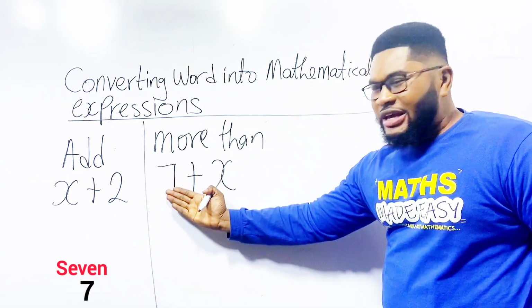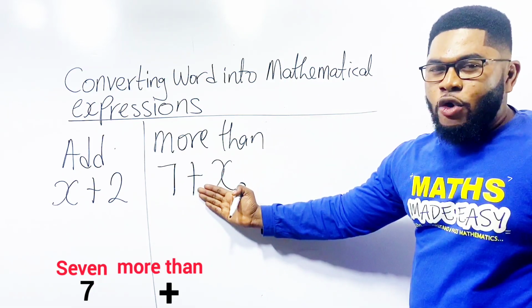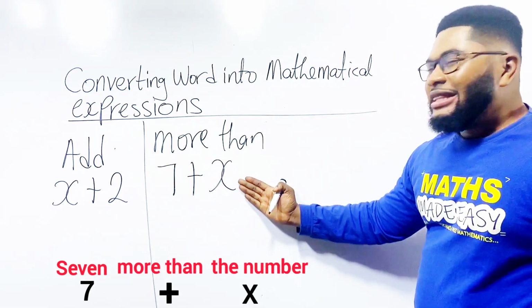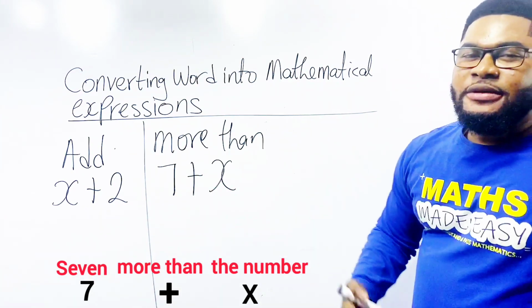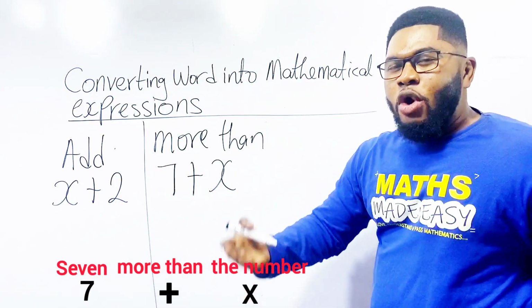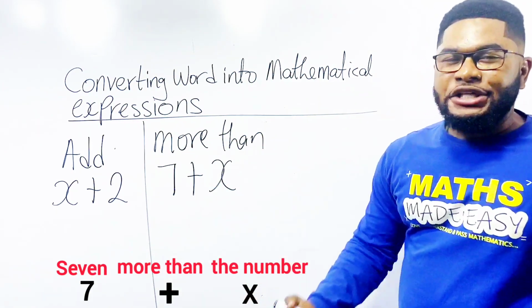So 7 is the number 7, more than is the addition operation sign, and then the number is x, which is unknown. So 7 plus x then becomes 7 more than a number, where more than represents our addition sign.